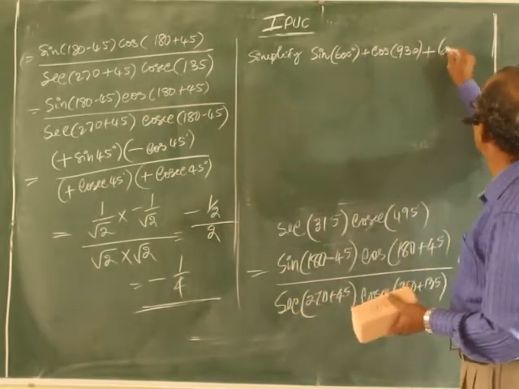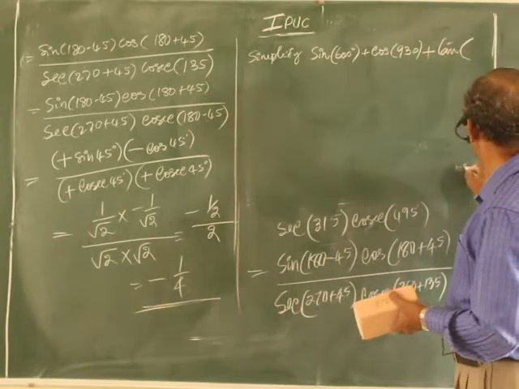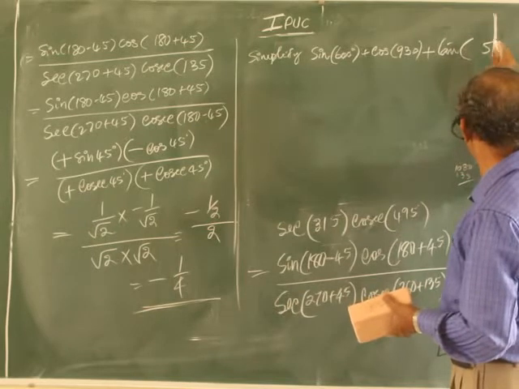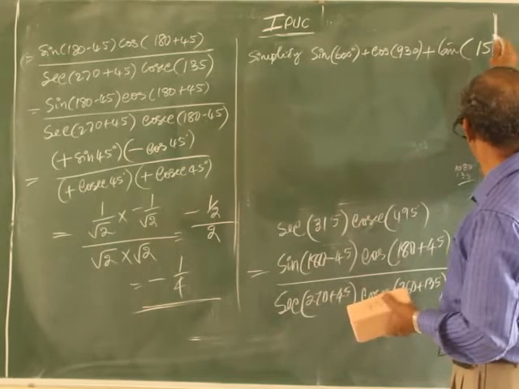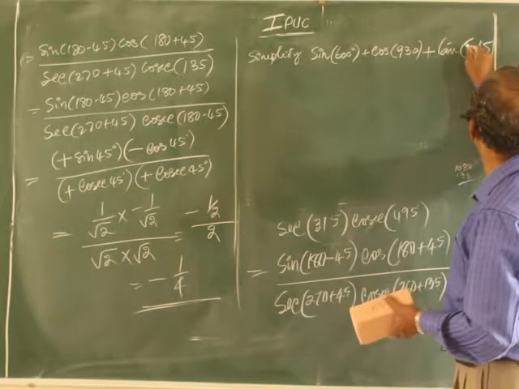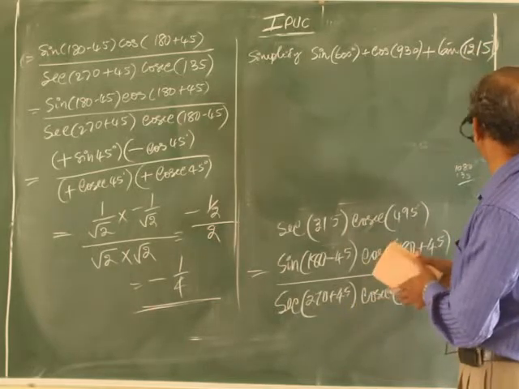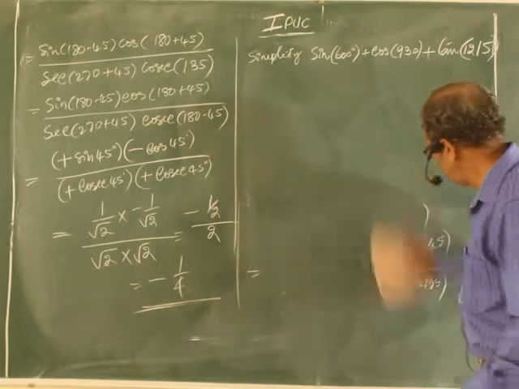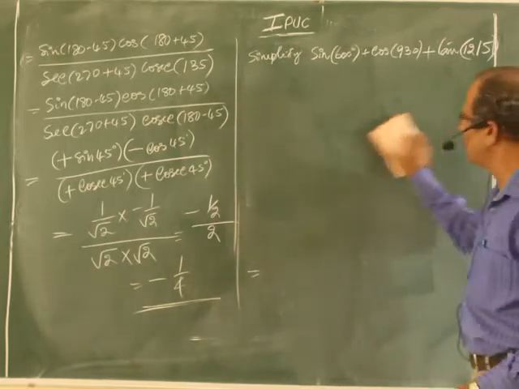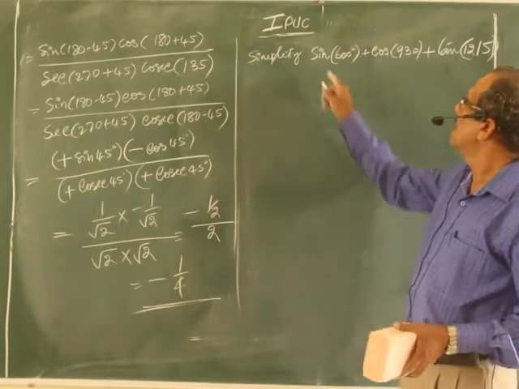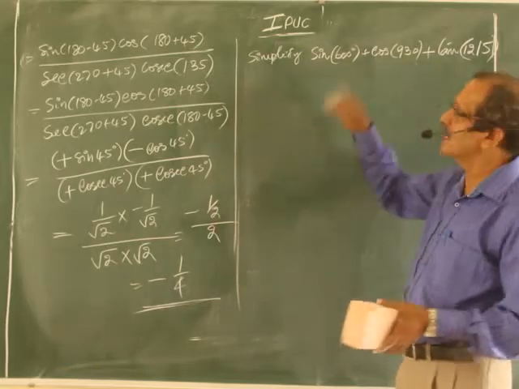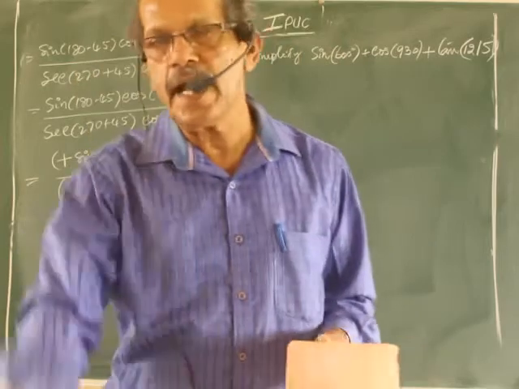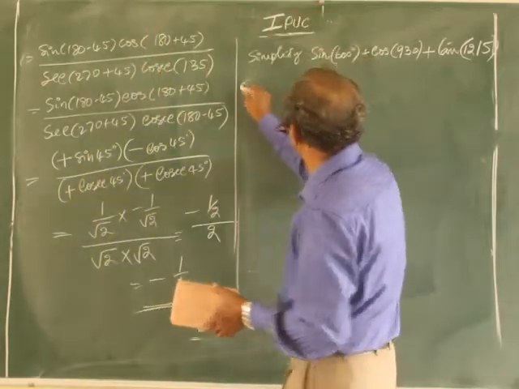Tan of 1215. Remember, just a similar problem to the previous one, but all the angles I have taken are greater than 360. Even though they are greater than 360, you know the method.